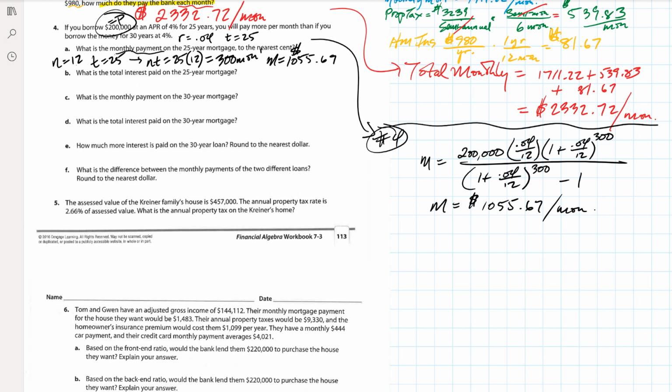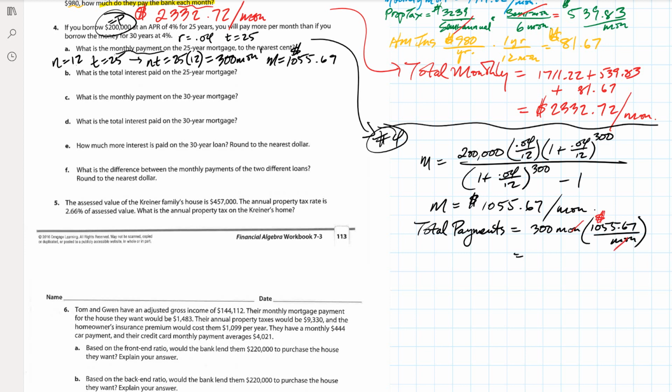So we have to go to total payments. It doesn't say to do this. You just have to know that you have to do this because we've done it before. So we're doing this for 300 months. So it's going to be 300 months times 1,055.67 per month. Notice that the months cancel out and you get the proper units, you get dollars.